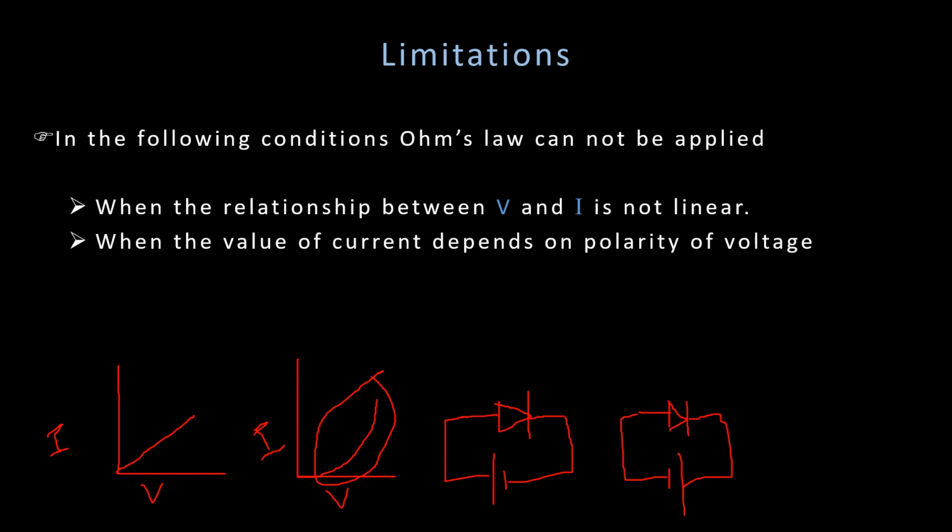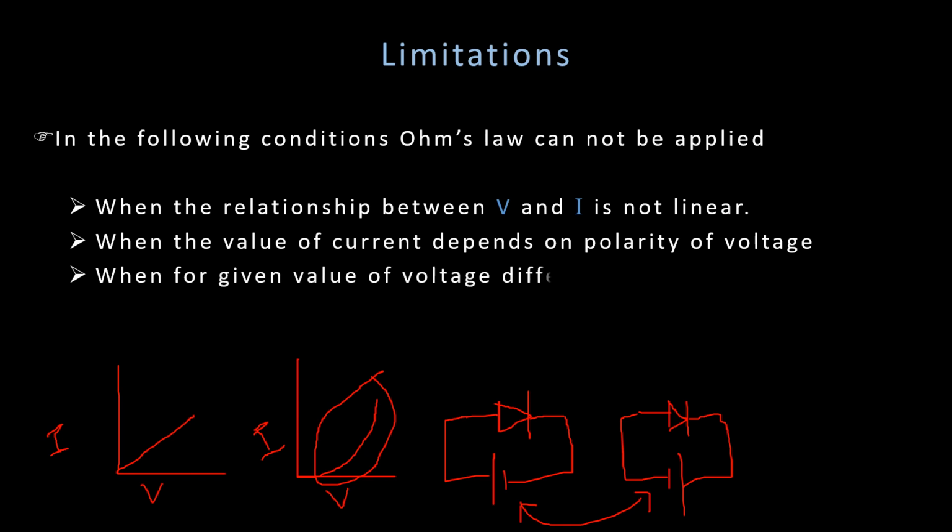What does it mean? Same component, but the current value depends on how you are connecting it with the battery. Okay, so the current value depends on the polarity of applied voltage, and so if that happens with any component, you should not apply Ohm's law to that component. That is the second limitation of Ohm's law.